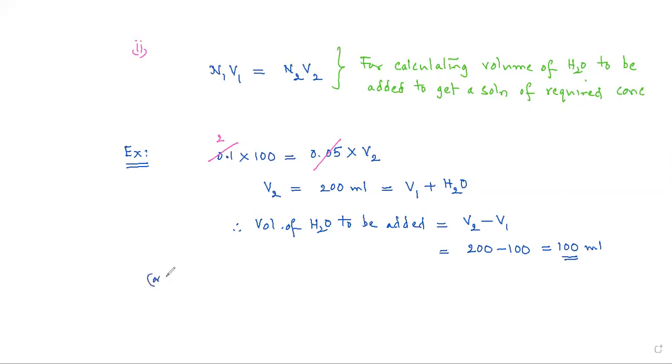Or else you can use this relation: V2 minus V1 is equal to (N1 minus N2) by N2 into V1.